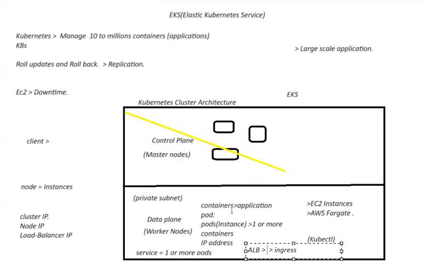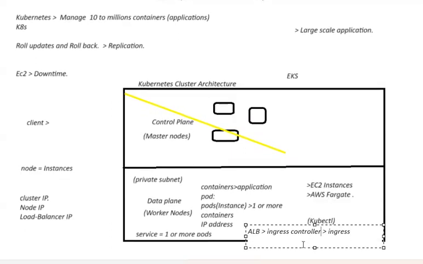Then in order to provide this to the application load balancer, you need to configure one more thing, that is the ingress controller. So what is the another way to access this? The another way is providing an application load balancer, ingress controller, and ingress.